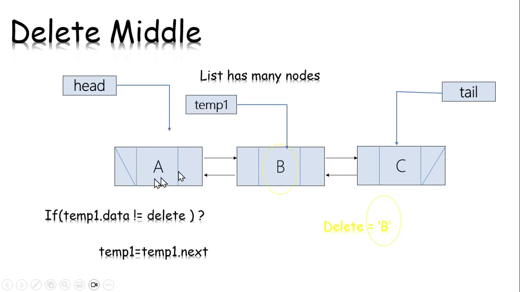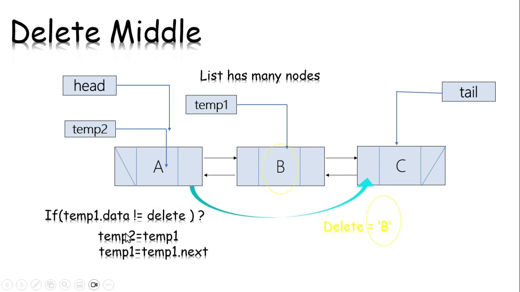As temp1 traverses to the next node, I need the help of another pointer. Here, I use temp2. Temp2 will point to the previous temp1 node. The purpose is that when I wish to delete B, I can instruct the next pointer of A to point to the C node. So the instruction for temp2 will be temp2 equals temp1.